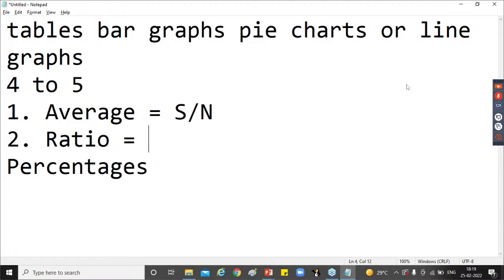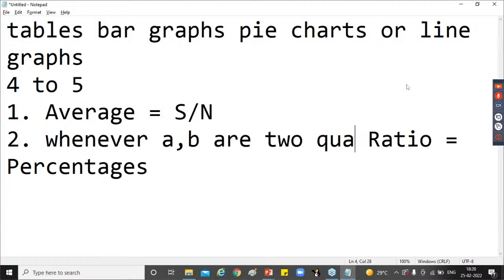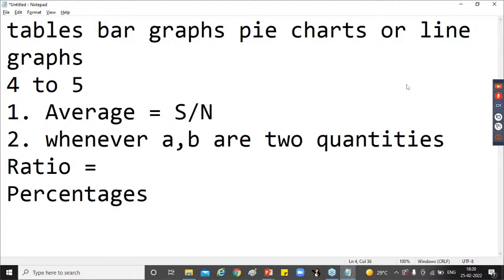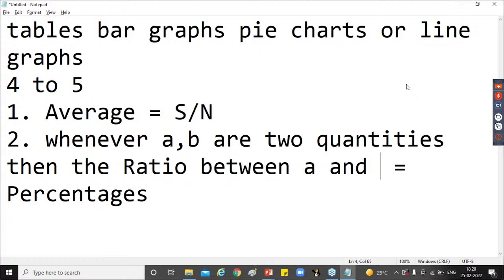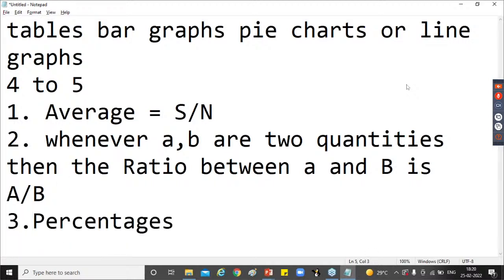Whenever A, B are two quantities, then the ratio between A and B is A by B.